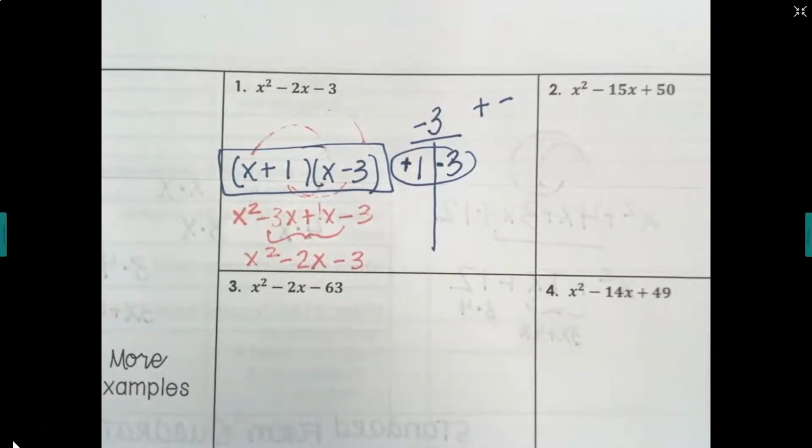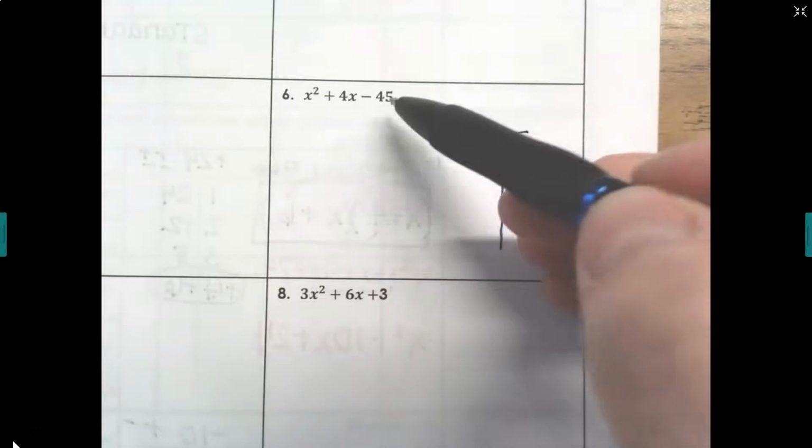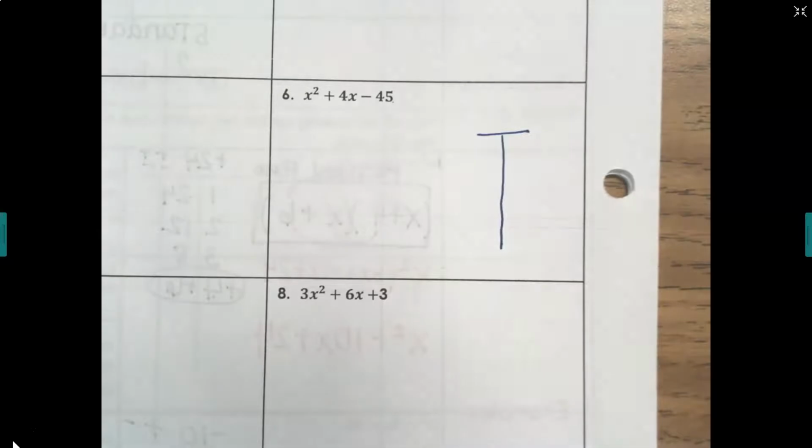All right, so let's do one more, and we can do some more in class when you're here. Let's jump all the way down to number 6. Okay, so we want to find what multiplies to c but adds to b. What multiplies to negative 45 but adds to a positive 4.